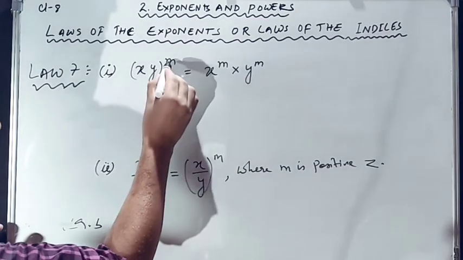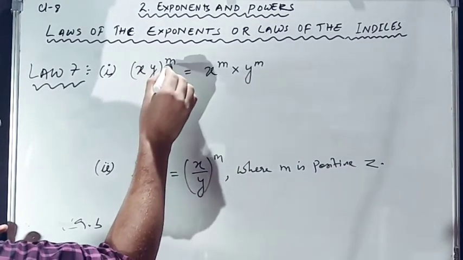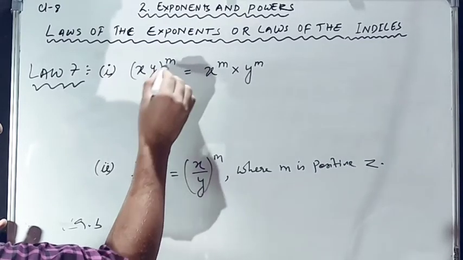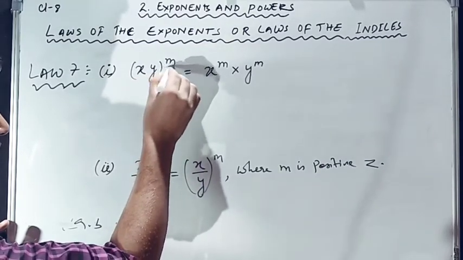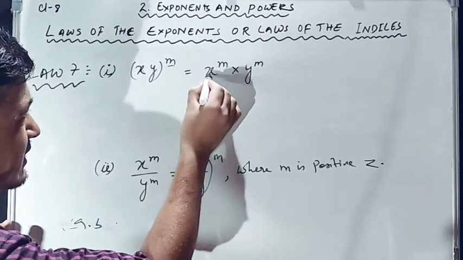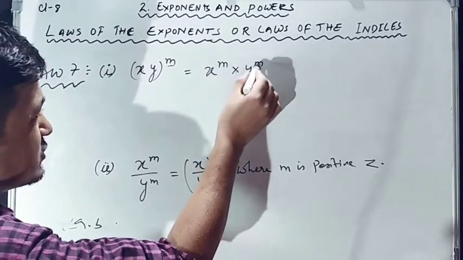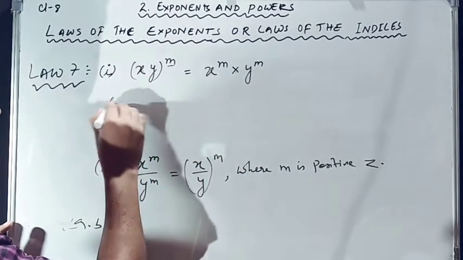It means that this power m is written as a whole, right? xy whole raised to the power m. So this is as a whole. It means this power m is for x also and for y also. So that's why I have written x raised to the power m into y raised to the power m. Example, I will show you here.